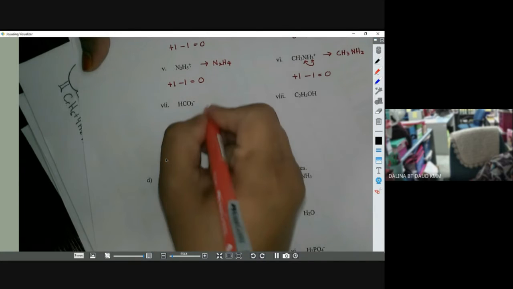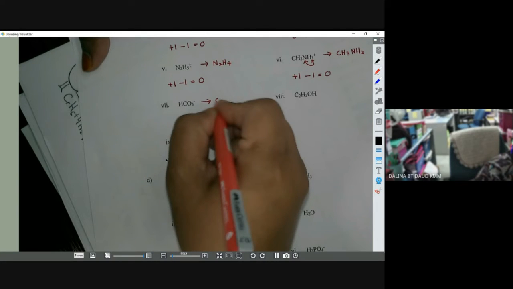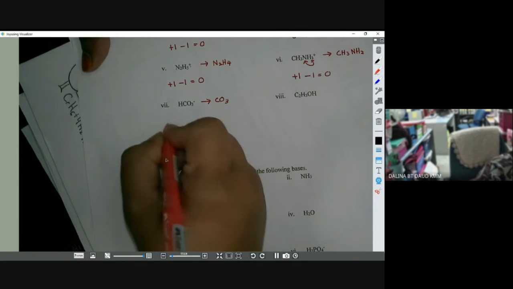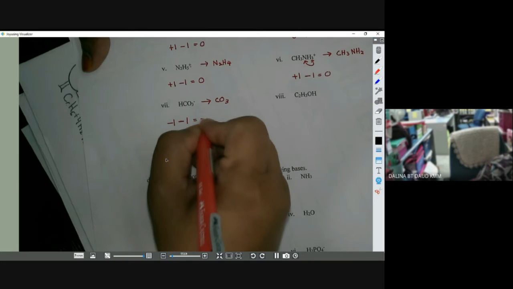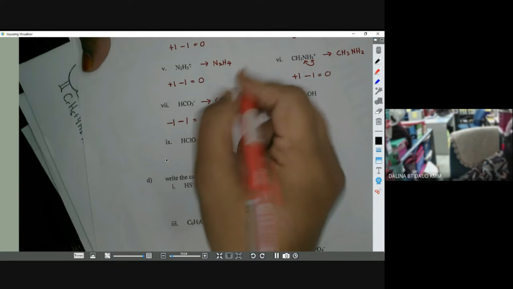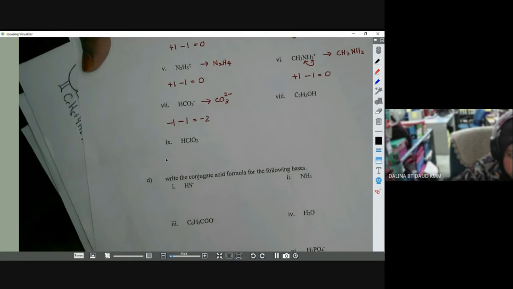Okay, the another one. Okay, the product is CO3. Okay, tulis dulu CO3. So minus 1 minus 1 equal to -2. So here is 2 negative. Karbonat kan 2 negative. So this is untuk double check lah. Okay. Same goes to this one. We have C2H5OH.